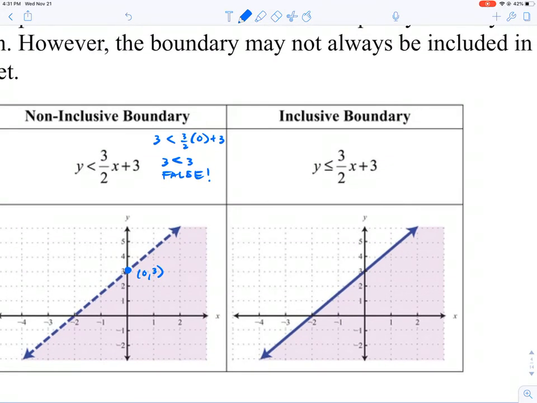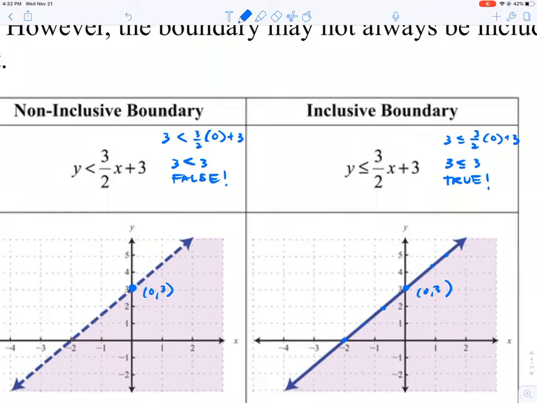You'll get a false statement with any point that lies on the boundary line in this case. Whereas over here, if we pick that same point, (0, 3), and substitute 3 for y, 0 for x, we get 3 is less than or equal to 3, which is a true statement. So points that lie on the boundary line for this inequality are considered part of the solution set, and we call that an inclusive boundary.